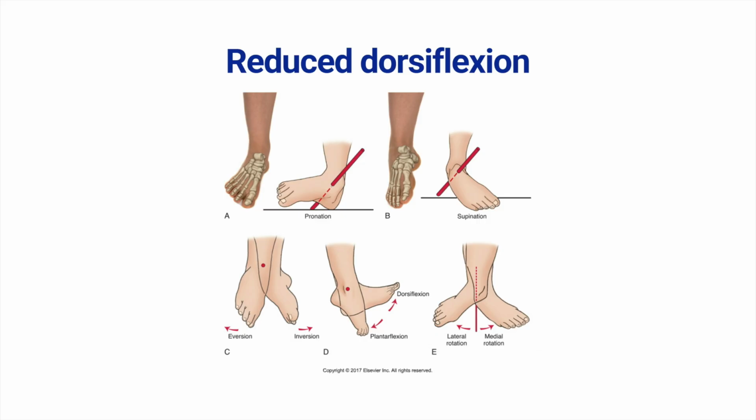Because of this limitation, individuals often adopt compensatory strategies such as hip hiking, circumduction, and vaulting that we discussed just now. In orthotic practice, reduced dorsiflexion is a key indication for prescribing an AFO, and the goal is to assist or control ankle motion, improve foot clearance during swing, and promote a more stable and efficient gait pattern.